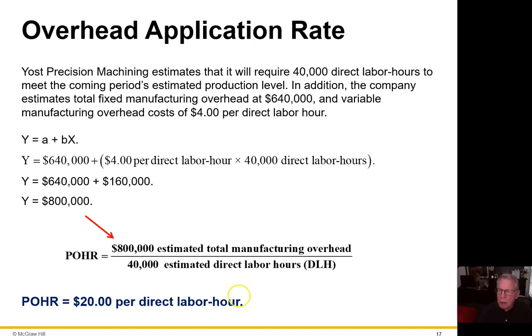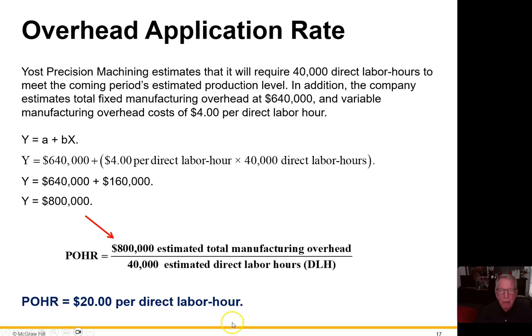So if we work that through the formula here, we'll take the $640,000 plus $4, that's the per direct labor hour, times the total direct labor hours of 40,000. And that will give us total manufacturing costs of $800,000. That's the total estimated manufacturing overhead.